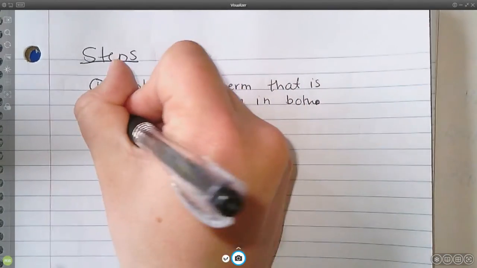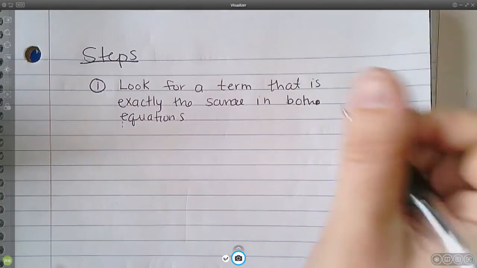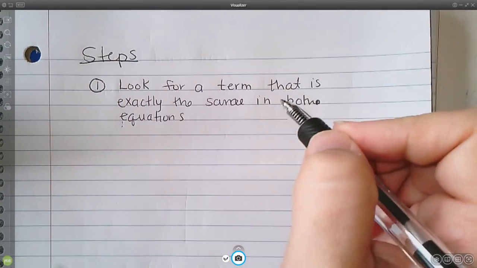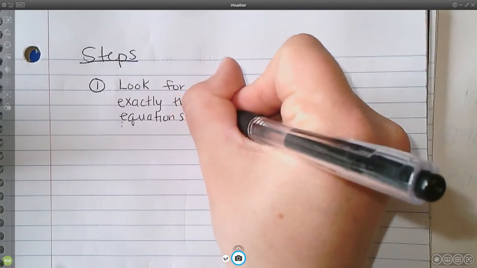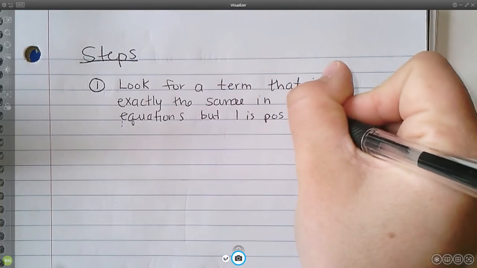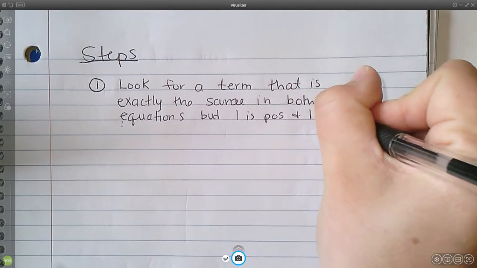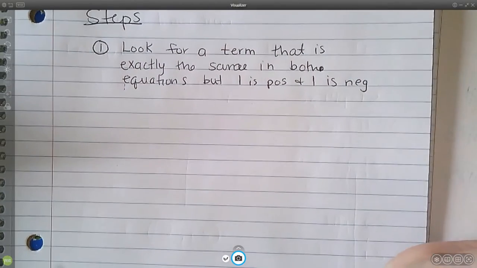Jeepers, I cannot spell today or ever. So you want to look for a term that is exactly the same in both equations, but one is positive and one is negative. Okay, so that's step 1.